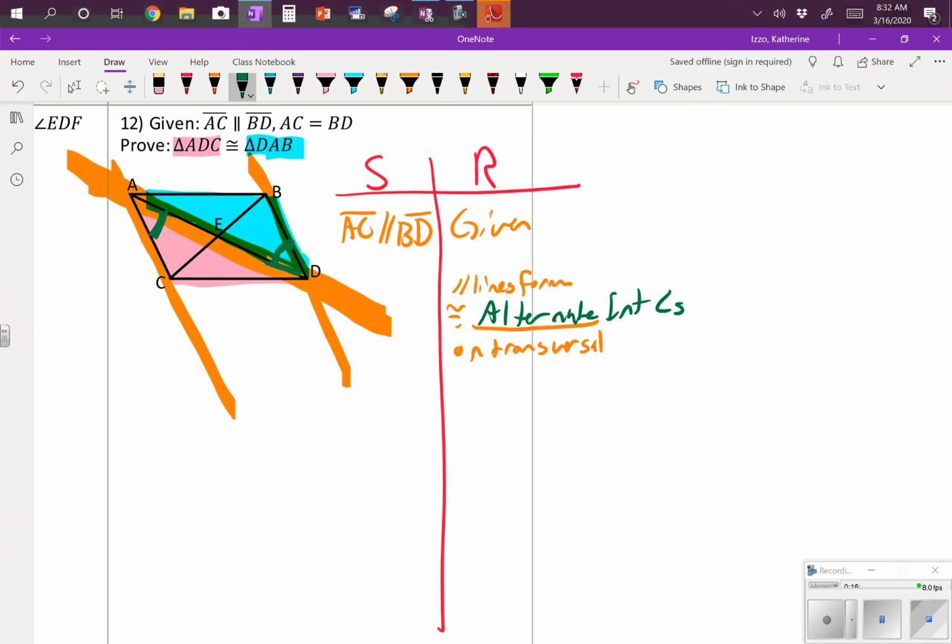This is going to be an orange to an orange. Notice it looks green, but it's not. This is orange. So my angles are going to be at A, going towards C and E. So measure angle CAE and measure angle at D, BDE.